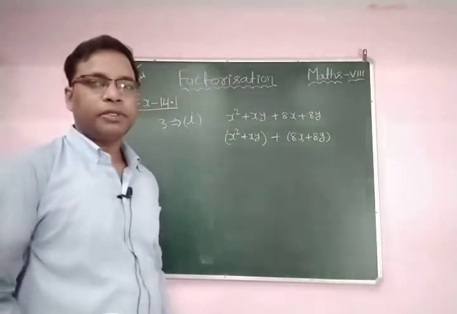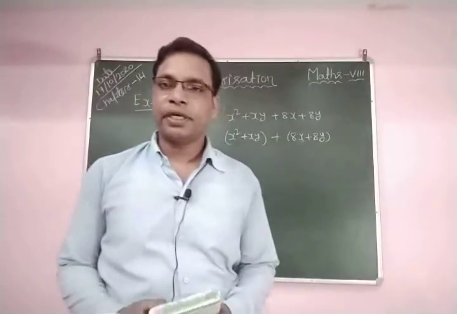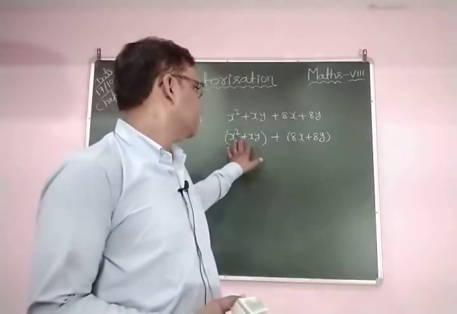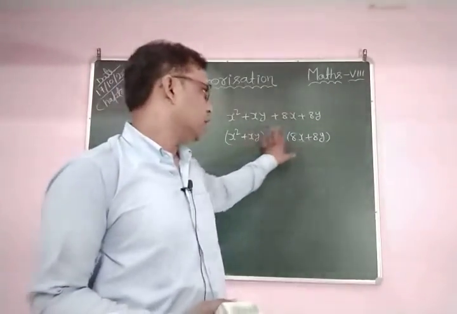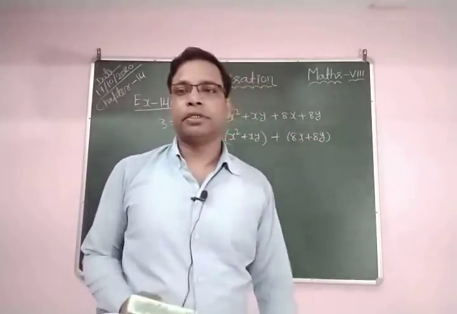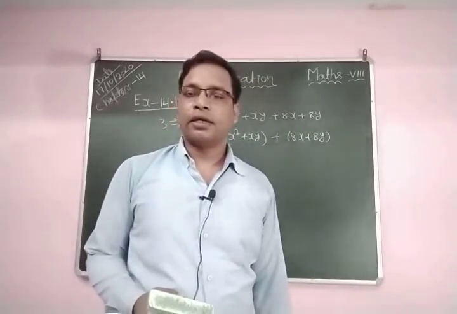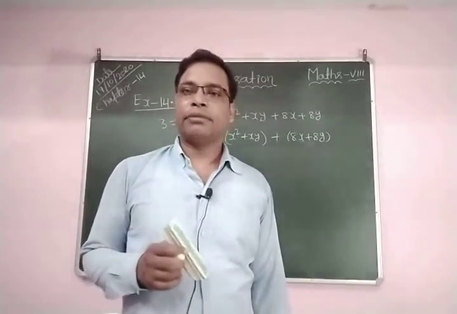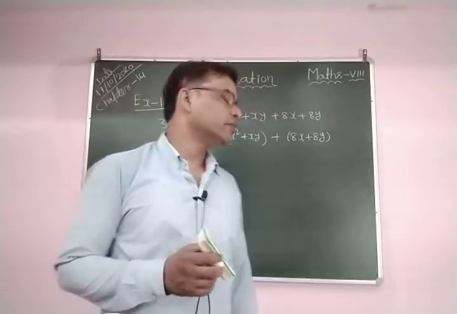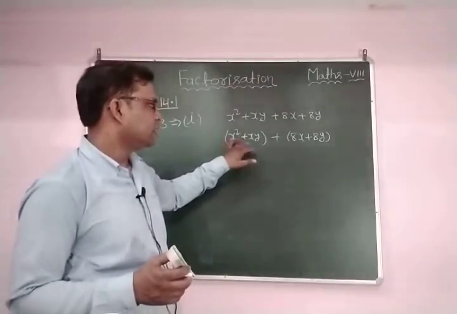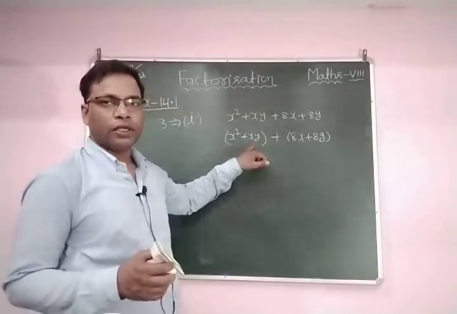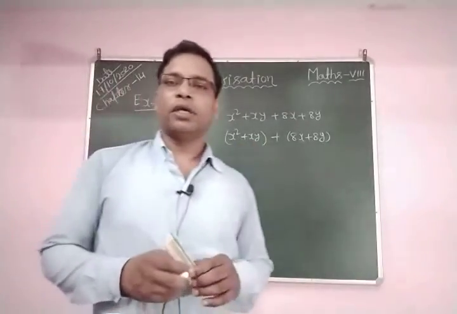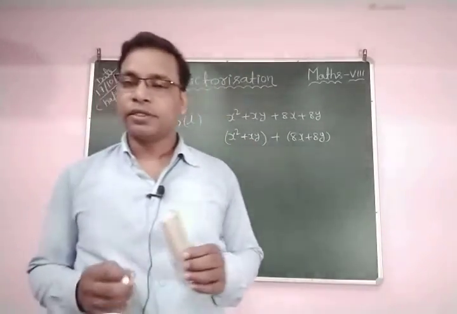Clear? After this we observe what is common in the first group and what is common in the second group. Then we take the common factor of both groups. Here x square means x into x, and xy means x into y.